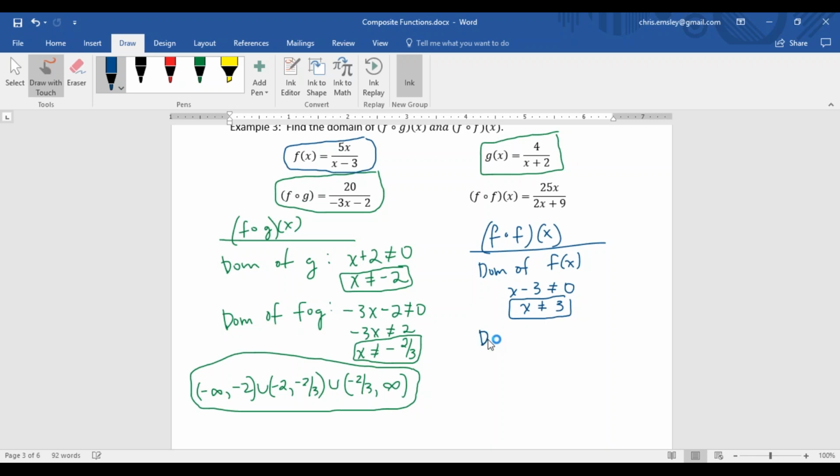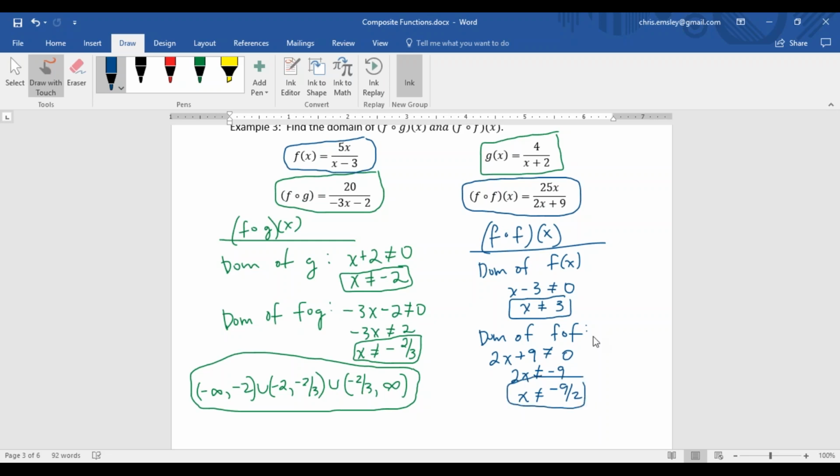We need to look at the domain of your composite. And that's what we have right up here. So again, the denominator can't be 0, so that means that 2x plus 9 is not 0. Solve that for x. x cannot be negative 9 over 2.